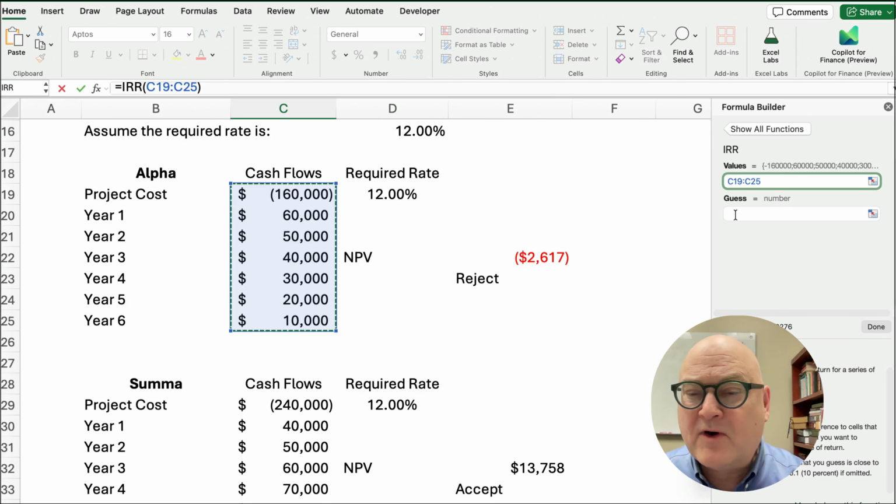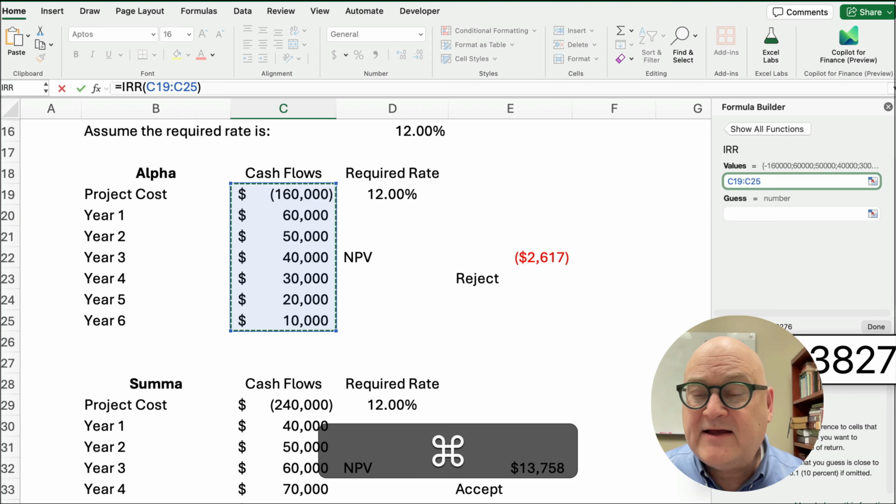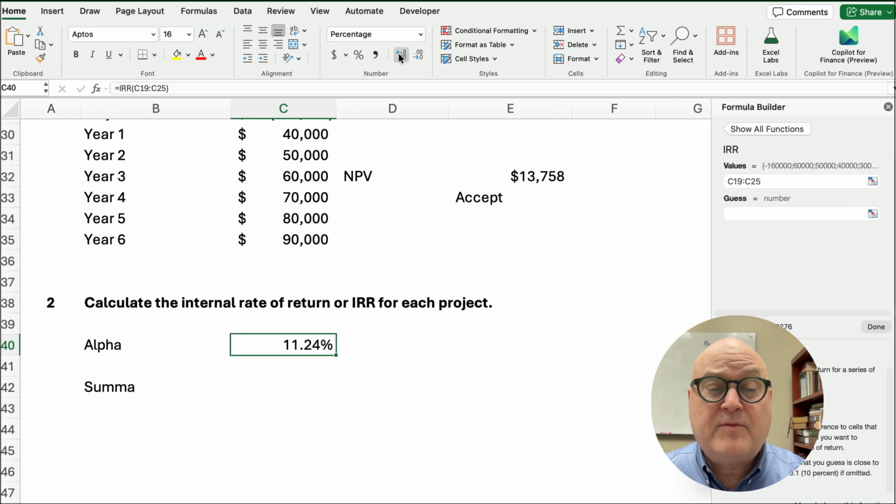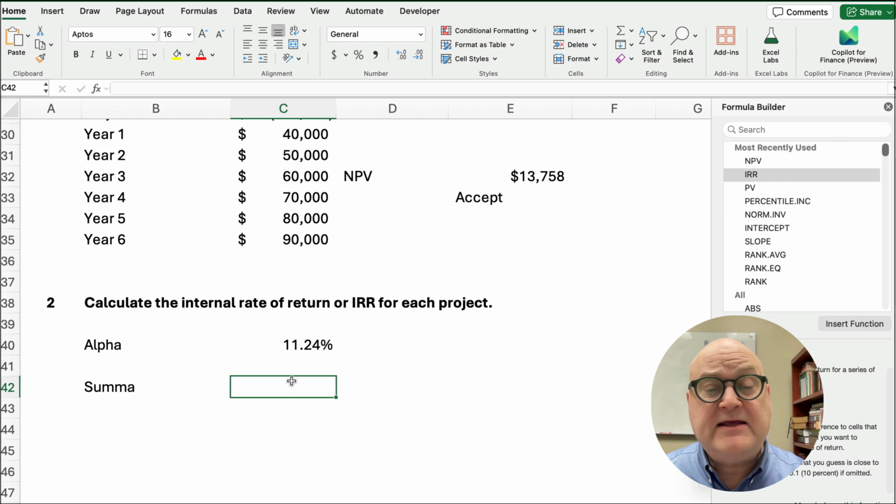So I don't guess anymore on this. In fact, it gives us a heads up, an initial calculation. It's going to be 11.24%. So let's hit done. 11.24% is the internal rate of return for alpha.